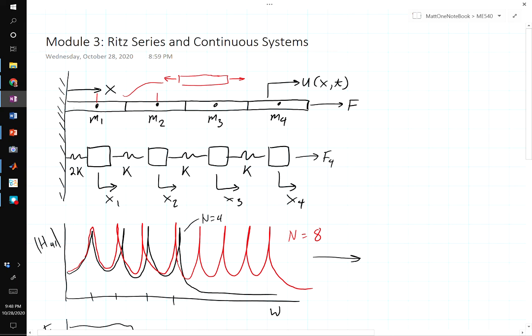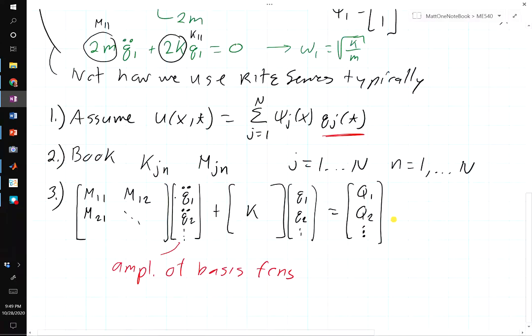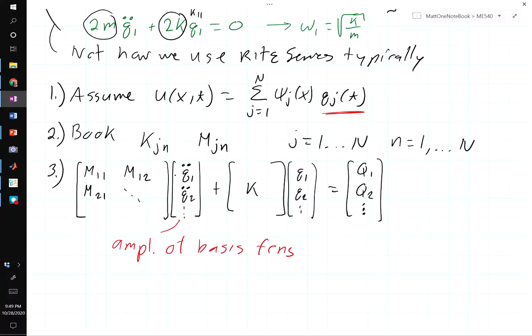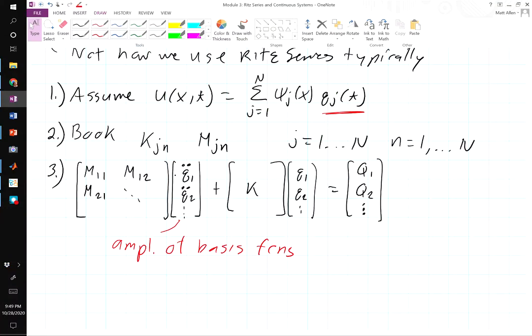Instead we would define some kind of shape function, could be anything, and the Q would just set the amplitude of this function. And actually I'm drawing it as if it's bending, but it's actually axial in that case. All right, so that's our equation of motion.